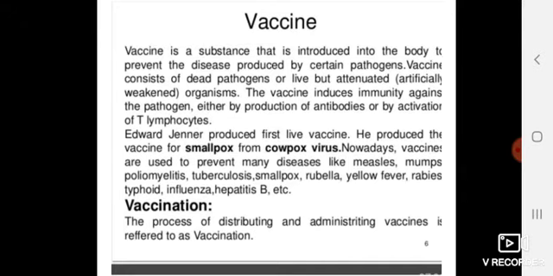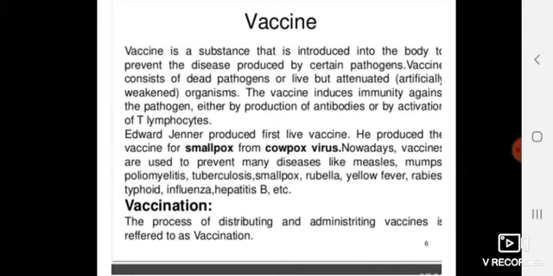One thing you should remember: sometimes the university exam may ask you to differentiate between active and passive. Simply, active is the body developing it itself. It may be from past experience of infection, or through immunization our body develops immunity against that particular disease.